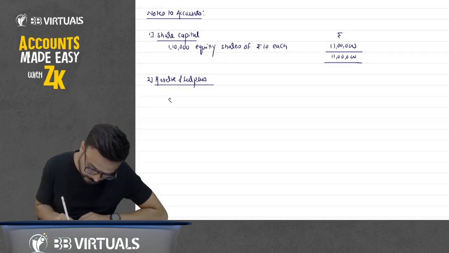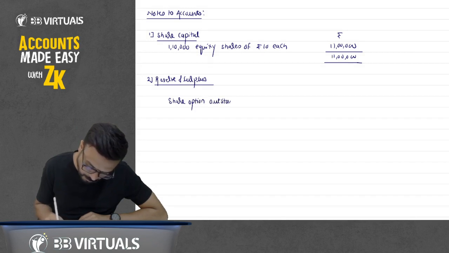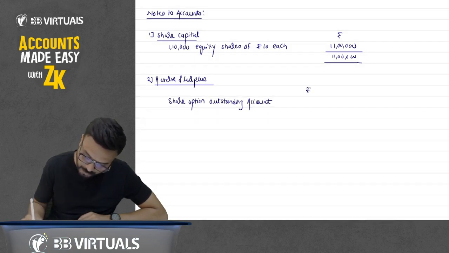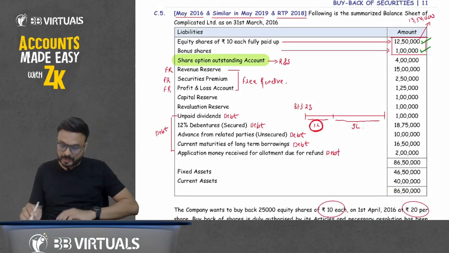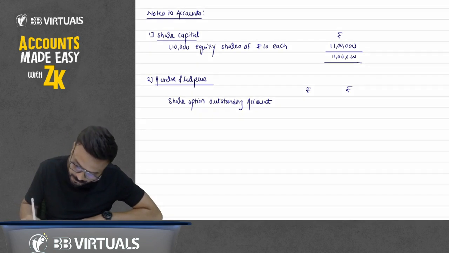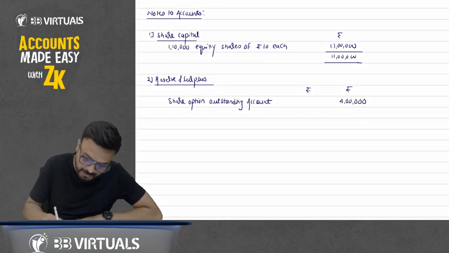Share option outstanding account. How much is it? Share option outstanding account is 4 lakh. Okay. Now what is second?